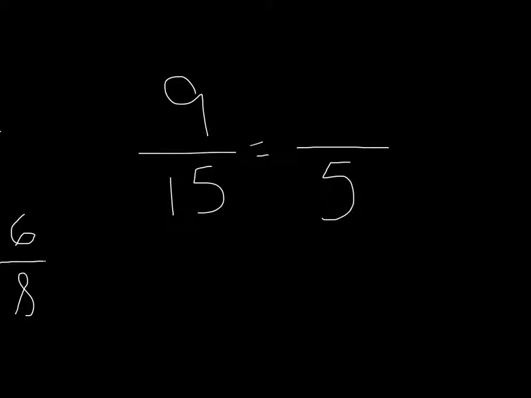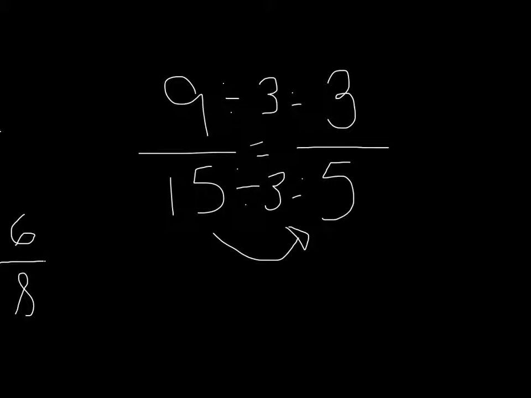What do we have to do to the 15 to make it into a 5? Divided by 3. We need to do the same to the numerator. Divided by 3. 9 divided by 3 equals 3. So there is our answer. Now go ahead and try that with each one.